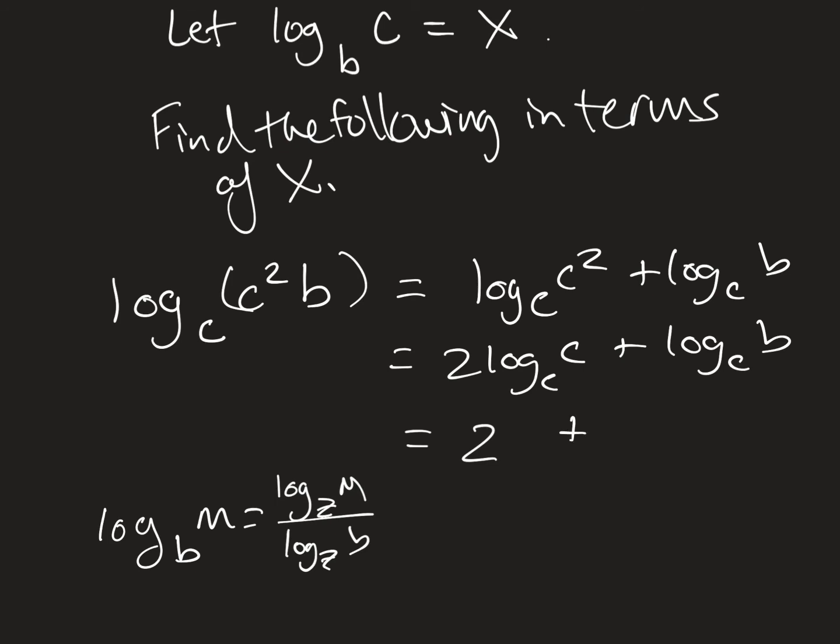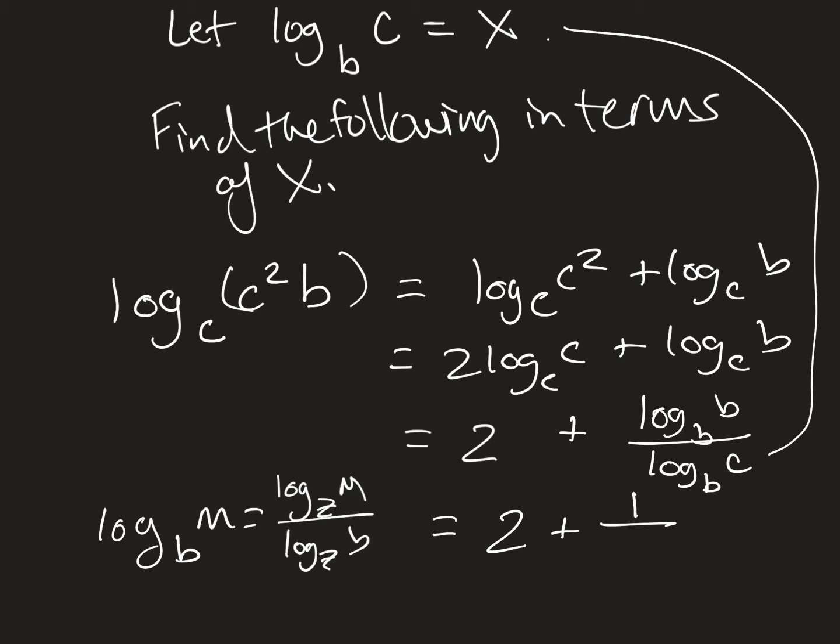So this is going to be plus log base b of b over log base b of c. So look at that. It worked out because log base b of b I know to be 1, and log base b of c is what we were given. So again, if the base isn't what you want, use the change of base to make it what you want.